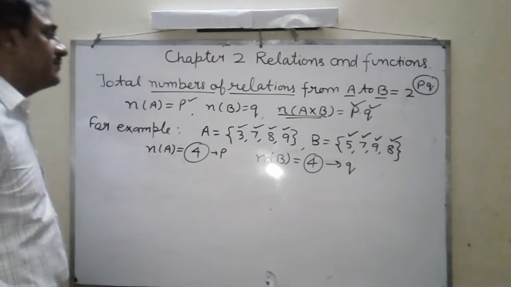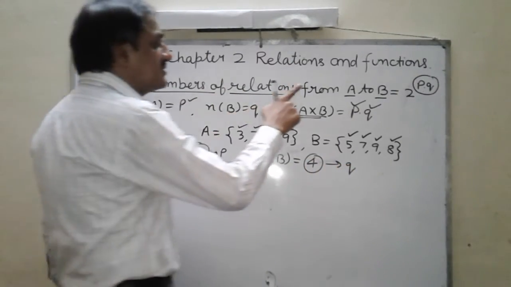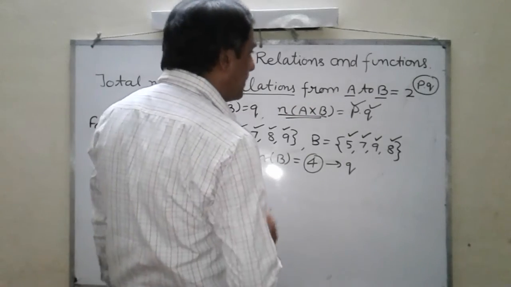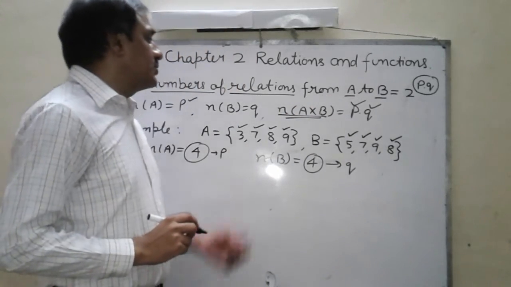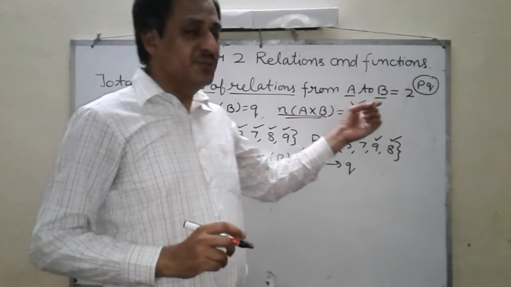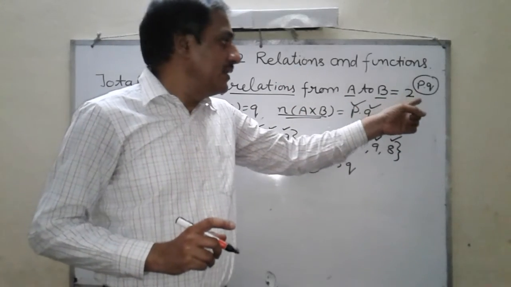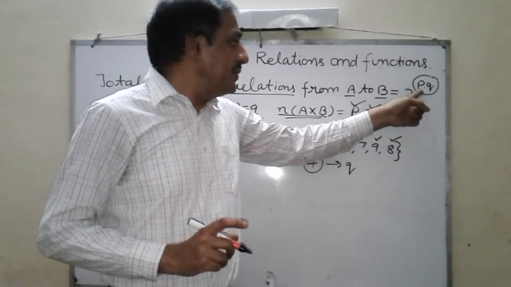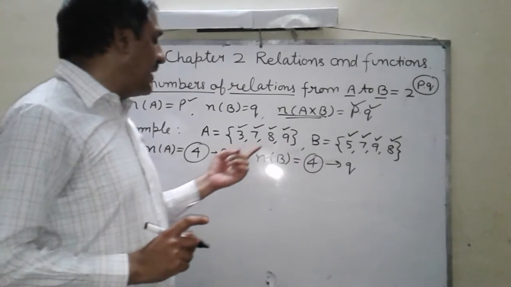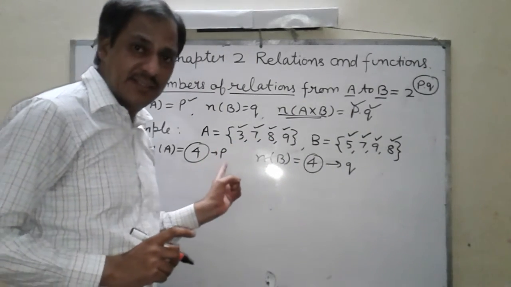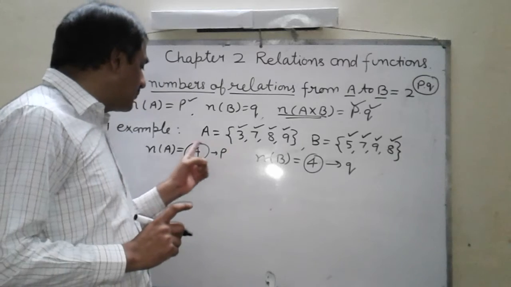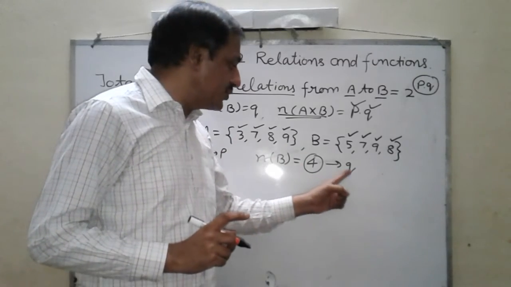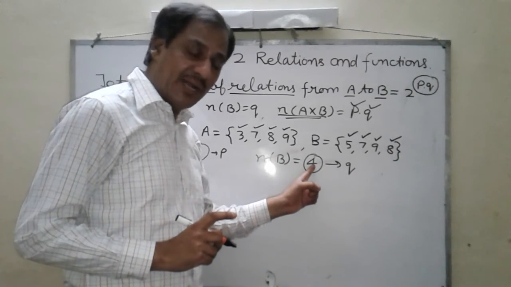So the total number of relations from set A to set B is equal to how much? The total number of relations from set A to set B is given by 2 to the power P into Q. Here the value of P is equal to 4 and the value of Q is also equal to 4.